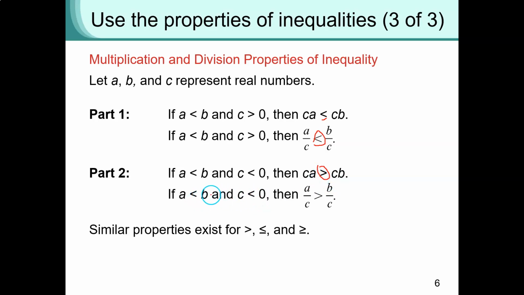If A is less than B and C is a negative number, when you divide both sides by a negative number, you have to swap the sign as well. This situation applies to the other three inequality signs as well.